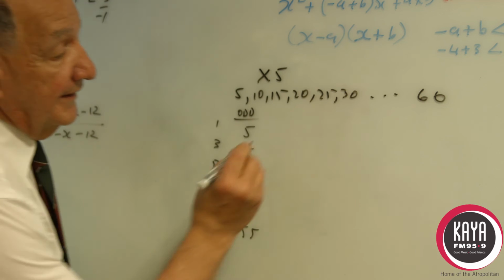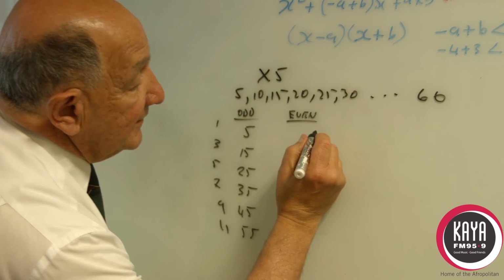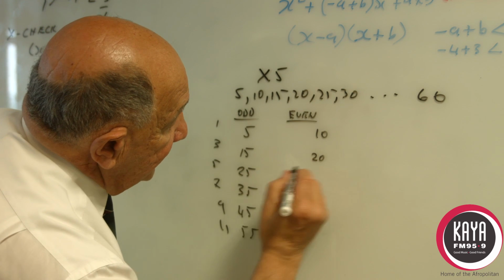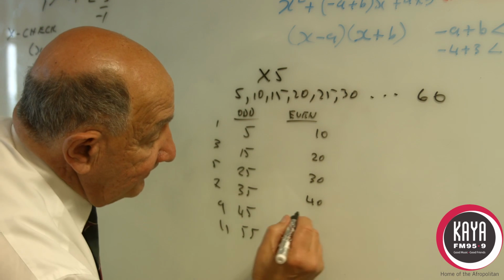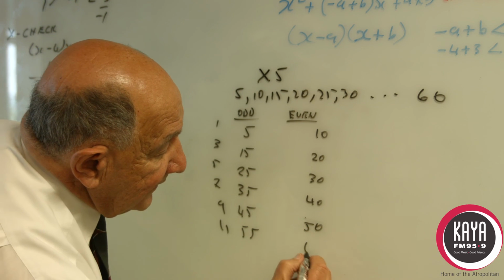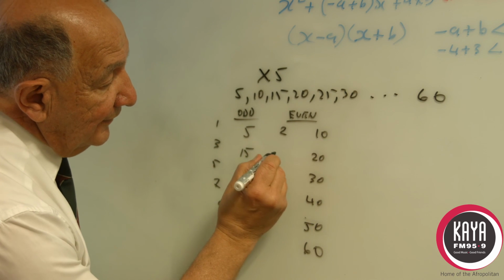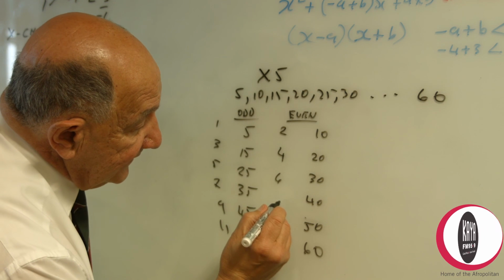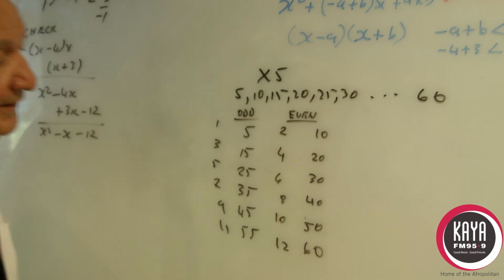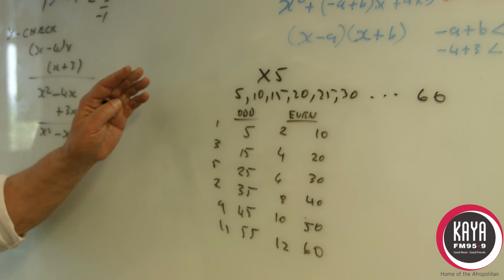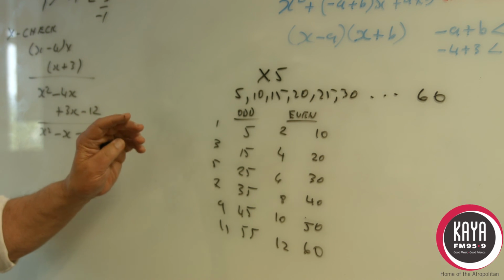And if we take the even numbers, they are 10, 20, 30, 40, 50, and 60. And of course here it's 2 times 5, 4, 6, 8, 10, 12. So that's how easy it is to build your 5 times table from a pattern point of view.